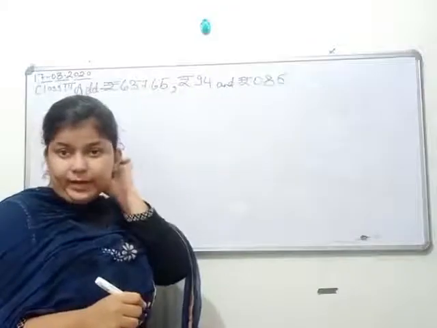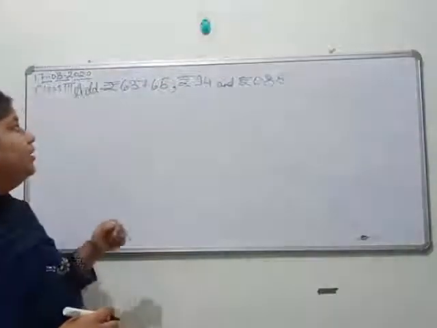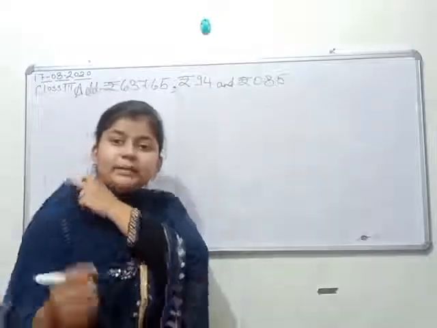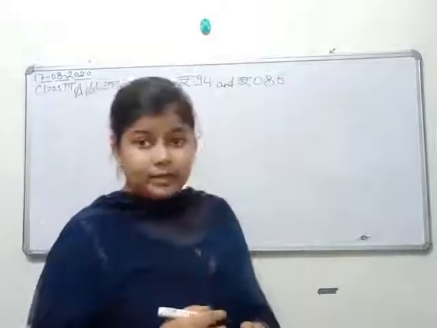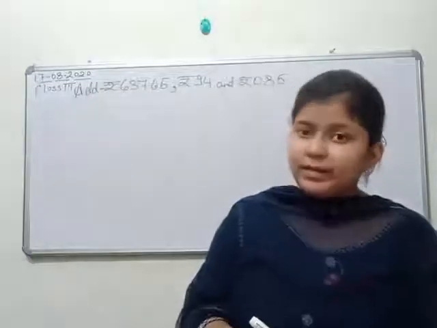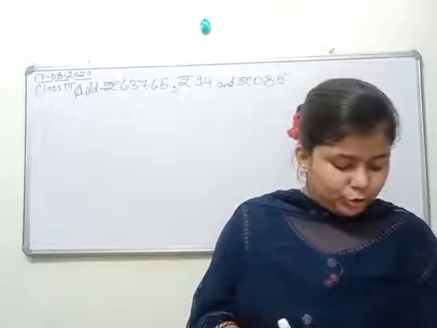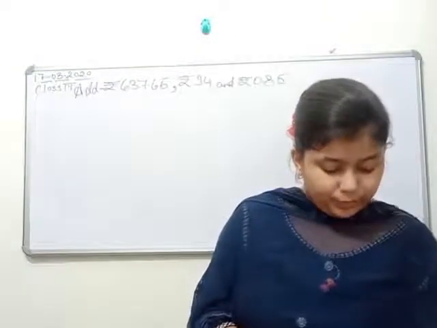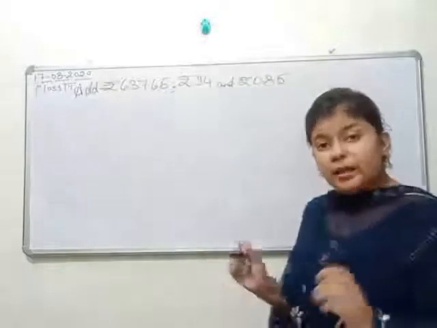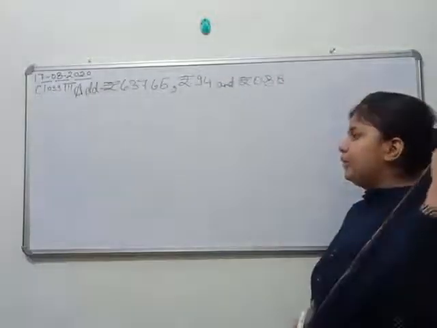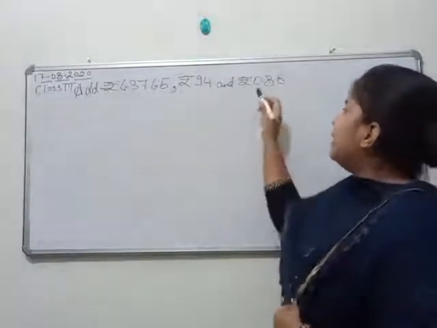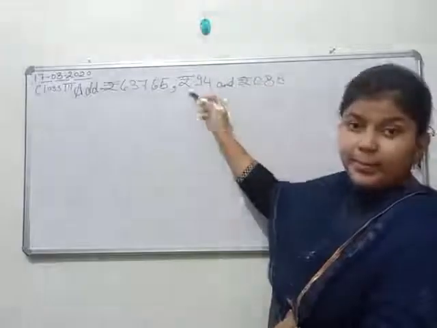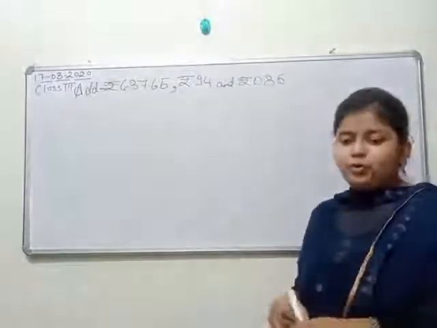This we have to add. Now, you all might be thinking that, ma'am, this question is very easy. Yes, it is very easy, but what happens is most of you don't know where to write which number. As you can see, here the rupees part is missing, here the paise part is missing. So we are going to do the addition.